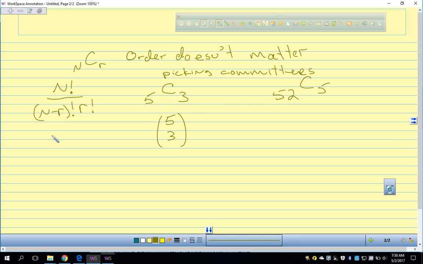let me just do this one, okay? So if I want to know how many different 3-person committees there are if I have 5 people, I have 3 seats, right? If it were just a permutation, I'd have 5 choices for this, 4 choices for this, 3 choices for this.